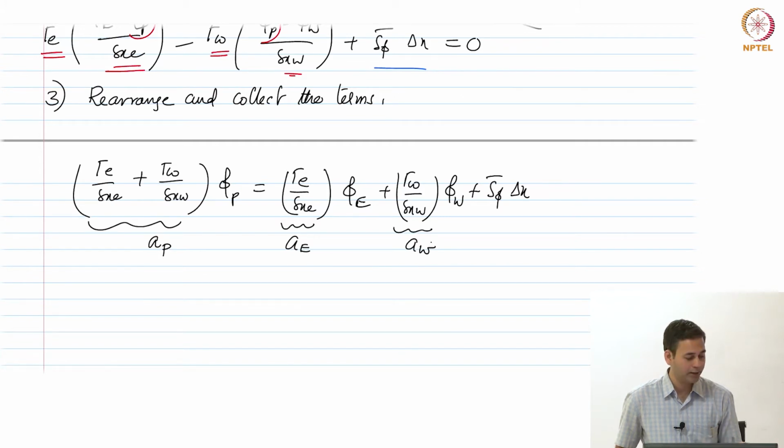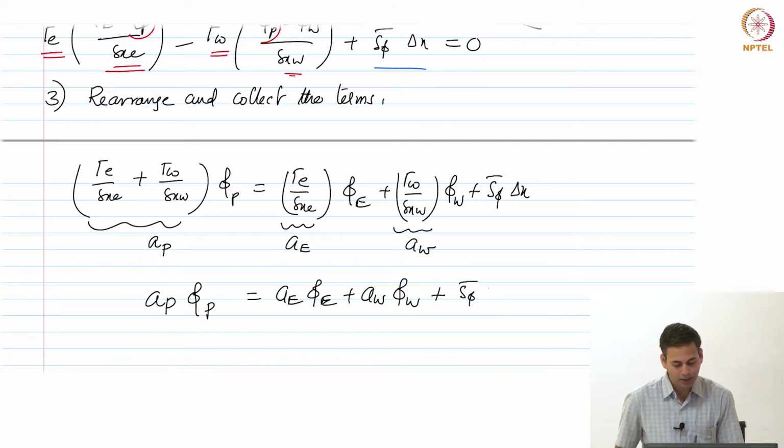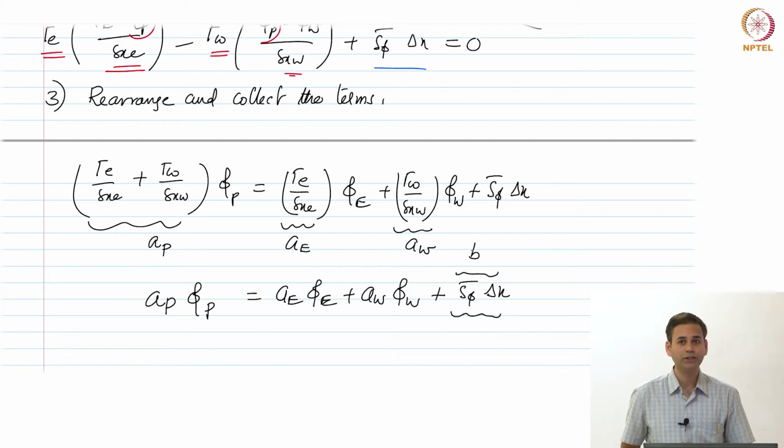Now, we will write this equation as a p phi p equals a east phi east plus a west phi west plus s phi bar delta x. This we can call some constant term b. Fine. So, essentially now we got a linear algebraic equation in terms of phi p, phi east and phi w.